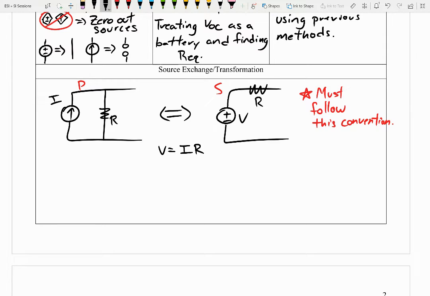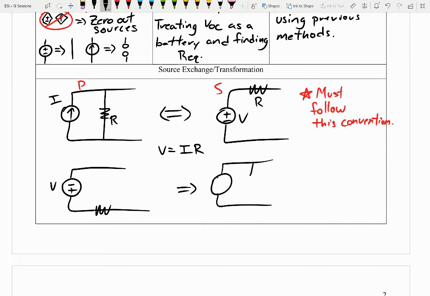An important thing to note is the direction of the signs. So see here how we have our positive now pointing towards the bottom. If we want to change that into a current source, with our resistor in parallel, now we have to have our current direction pointed to the ground.